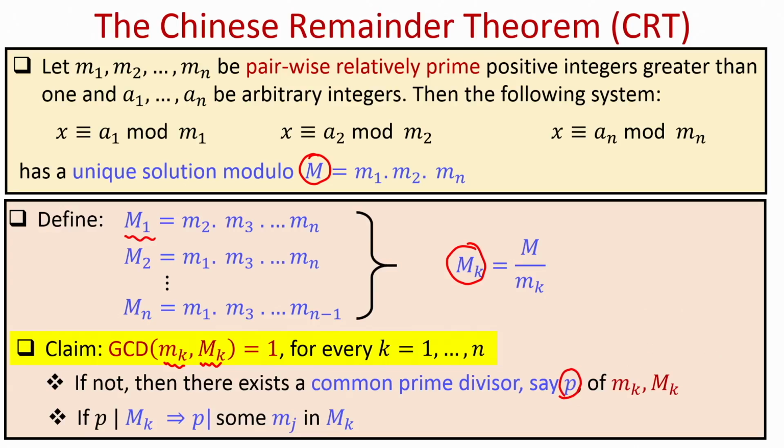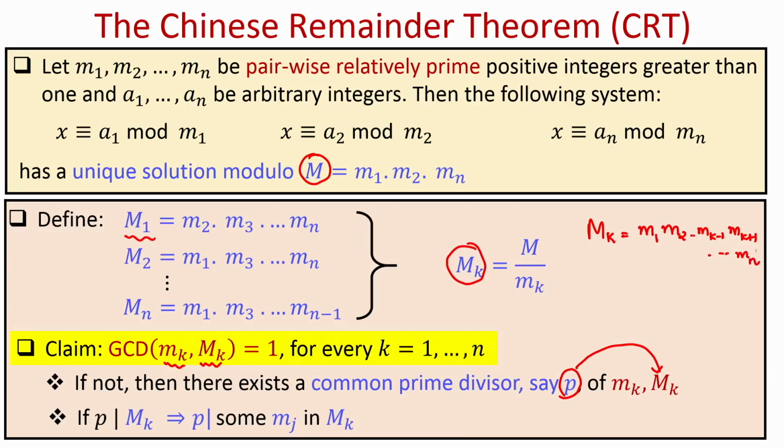Now, if this prime number p divides this modulus big M_k, then since M_k is the product of n minus 1 small moduli, it is the product of m_1, m_2, up to m_(k-1), and m_k is missing, m_(k+1) up to m_n.